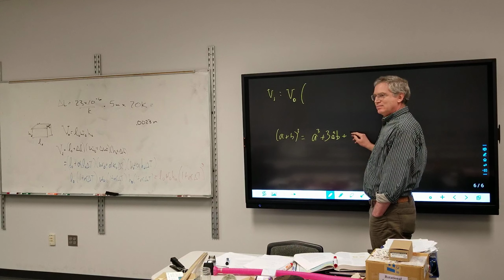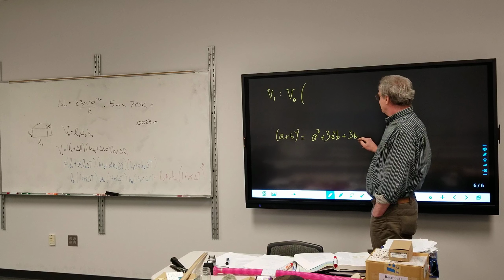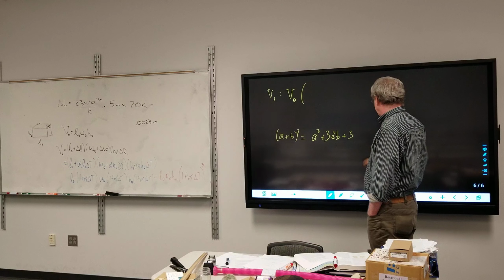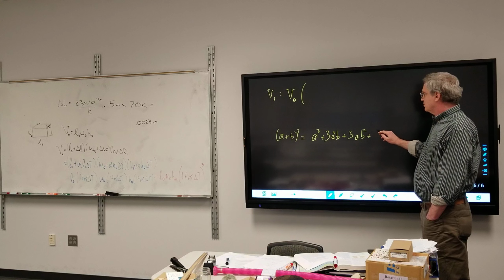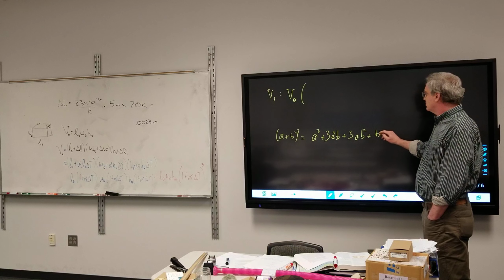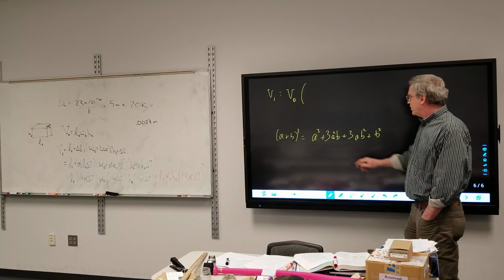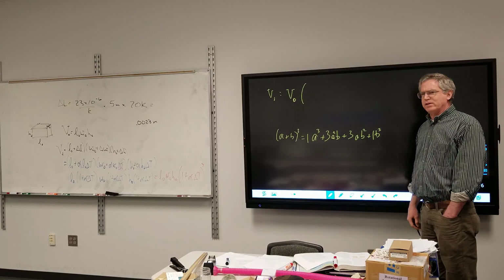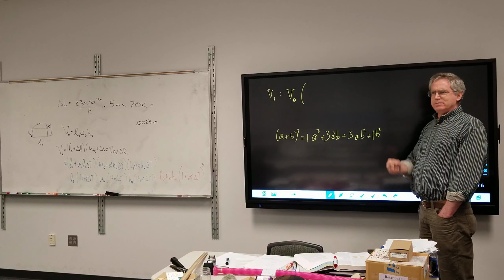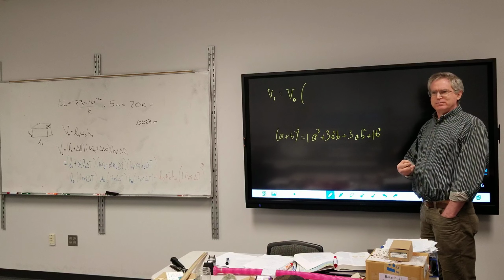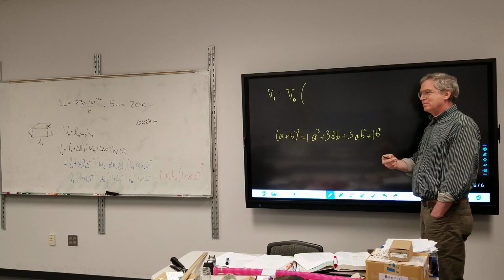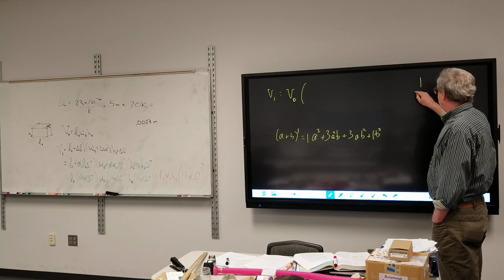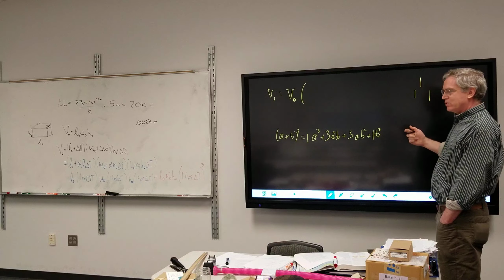Plus 3 B squared A. I'm going to write the A first. Plus B cubed. The coefficients, 1, 3, 3, 1, Pascal's triangle, ringing a bell? The coefficients: you start with 1, the 1's are always on the outside, and all the ones on the inside are just the sum of the two above them.